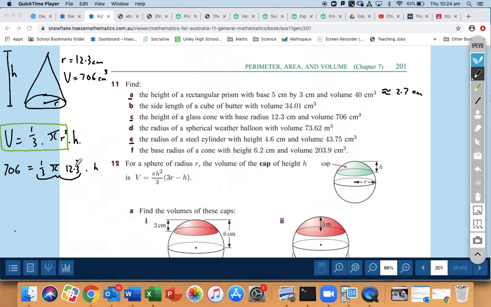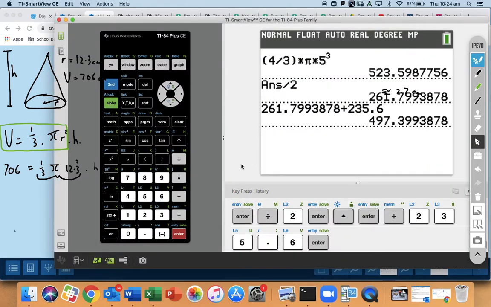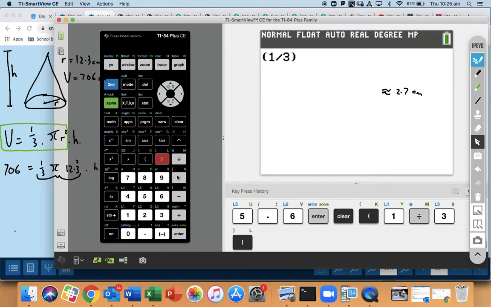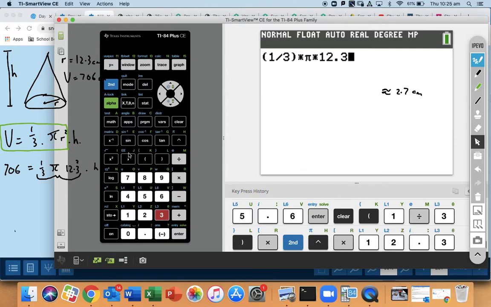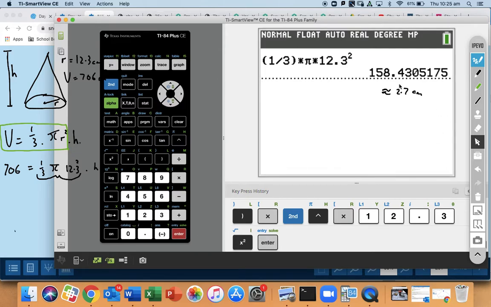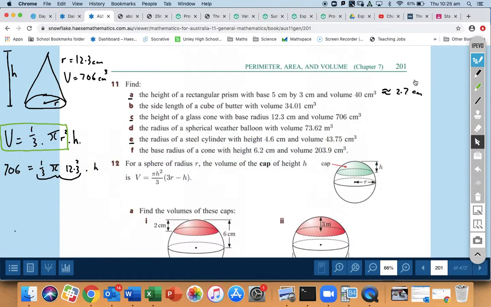If we go to our calculator, 1/3 times pi, make sure you know where your pi button is, times 12.3 squared, and that's 158.4. We'll keep that to one decimal place, 158.4. I'm going to write that down before I forget it.